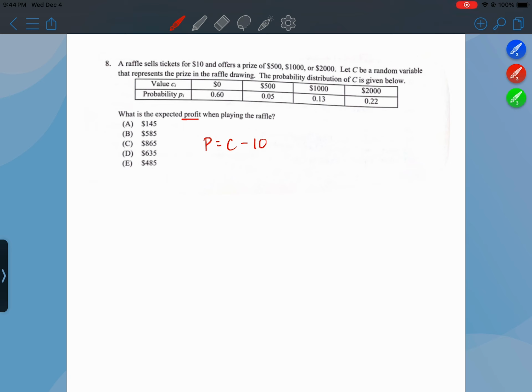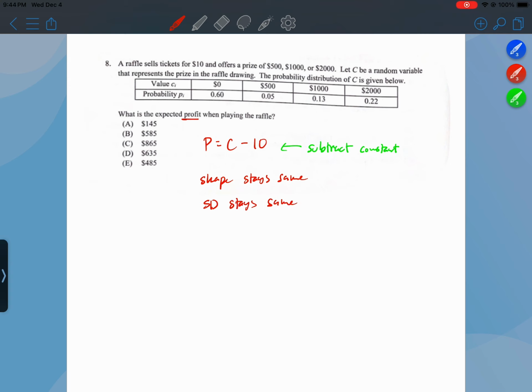The nice thing is that when you subtract a constant, the shape stays the same. The standard deviation stays the same, right?